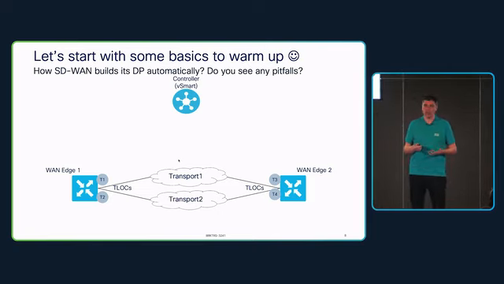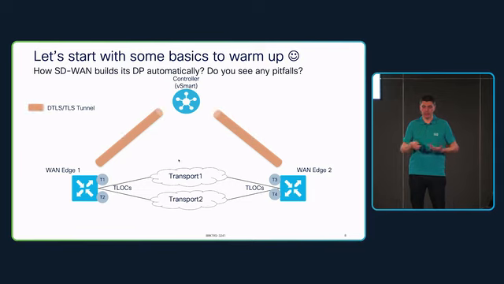That slide you've seen multiple times since the early days from Viptela to nowadays. It basically shows how we automatically build up our control plane and data plane tunnels without doing anything. We're virtually doing nothing. We just run a device which connects to the network.